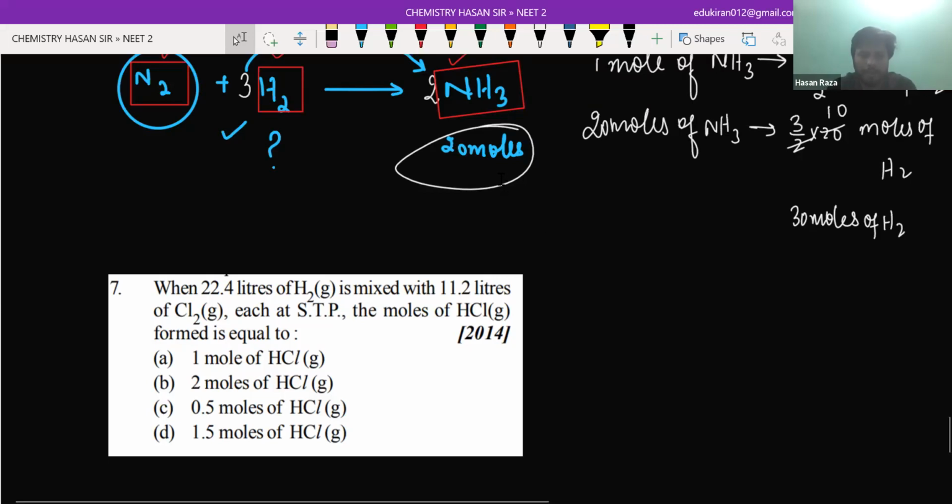Will you be able to solve this? Option A. Is this Rabia?